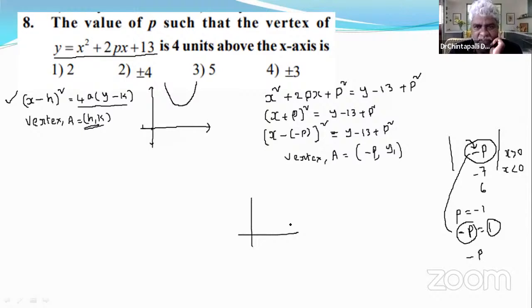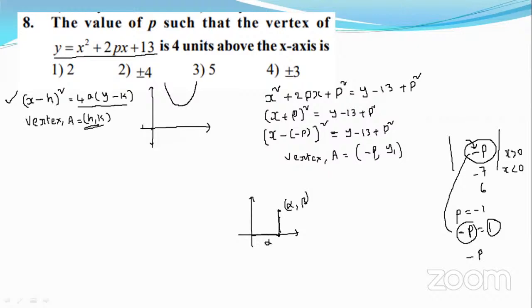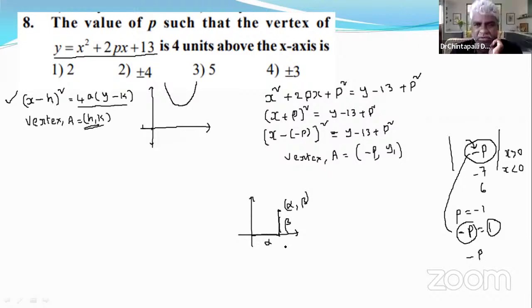See, there is a point whose coordinates are alpha comma beta. We discussed the same concept many times. What does it mean? This distance is alpha units, and this distance is beta units, right? The same way, vertex coordinates are negative p comma y1.